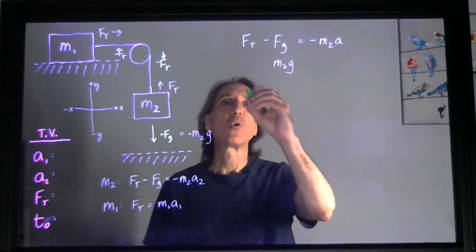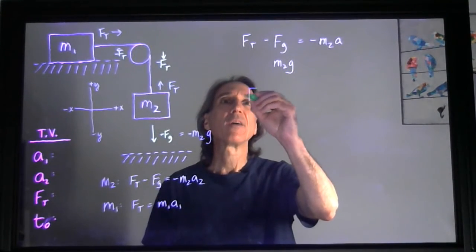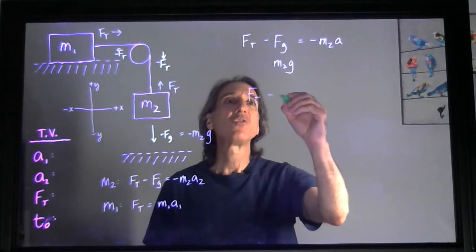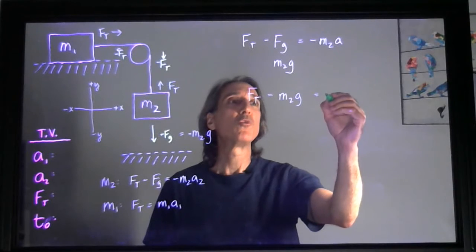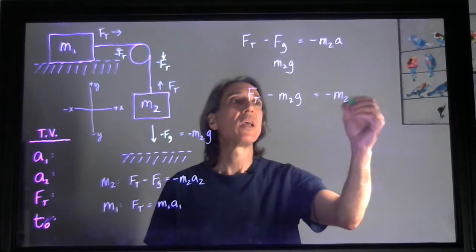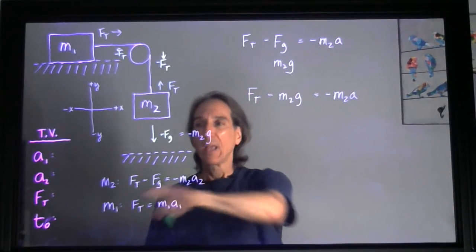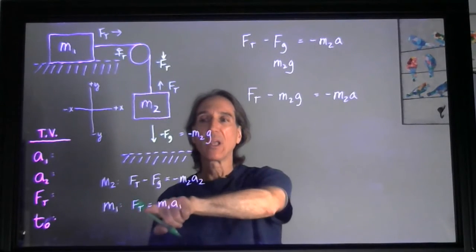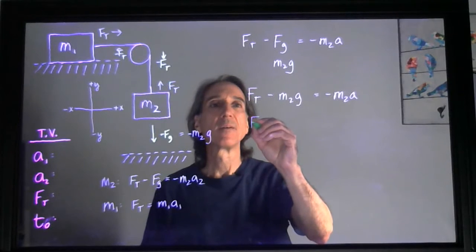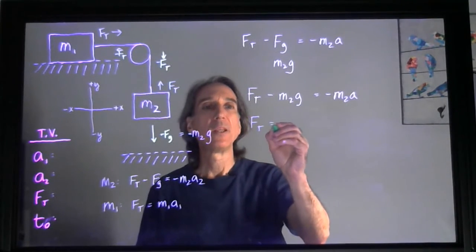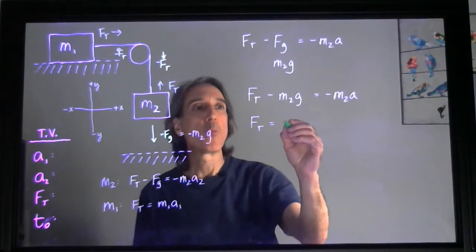So we'll rewrite the whole thing: Ft minus m2g is equal to minus m2a. And we have our equation for m1, which is Ft is equal to m1a.